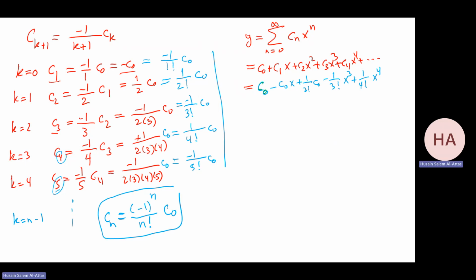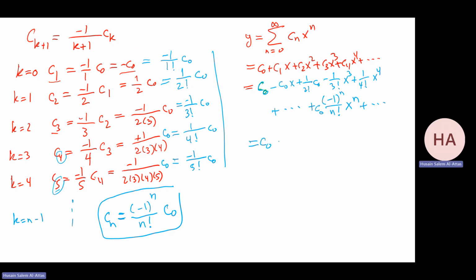Okay, so I can write this plus the nth term. It will be minus 1 to the power n over n factorial, coming with x to the power n, plus the rest. Don't forget the C0.